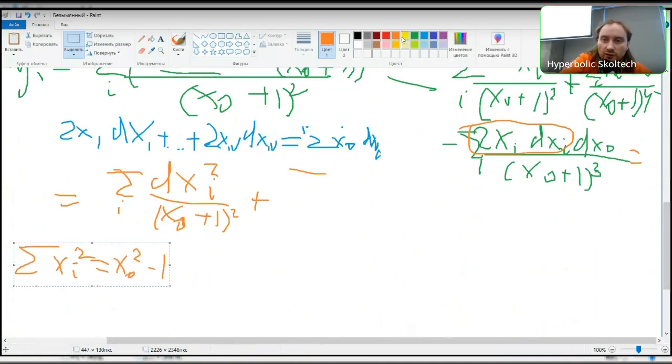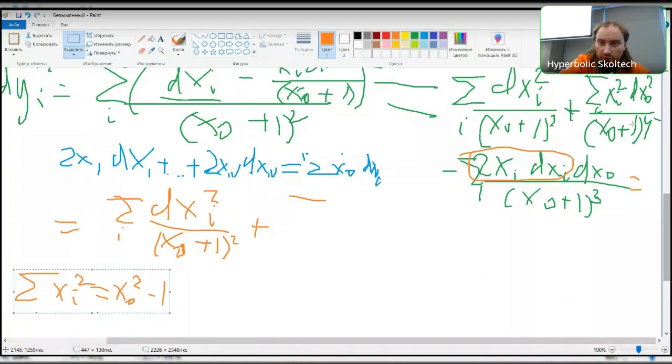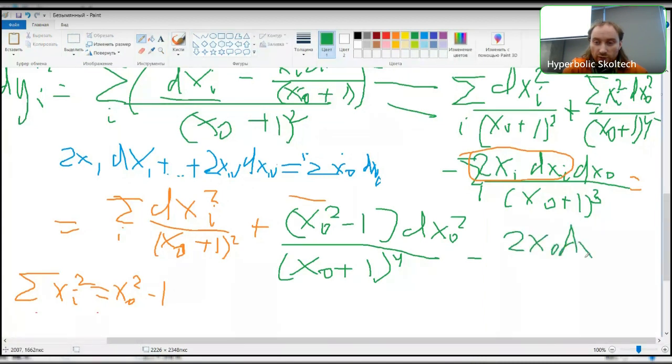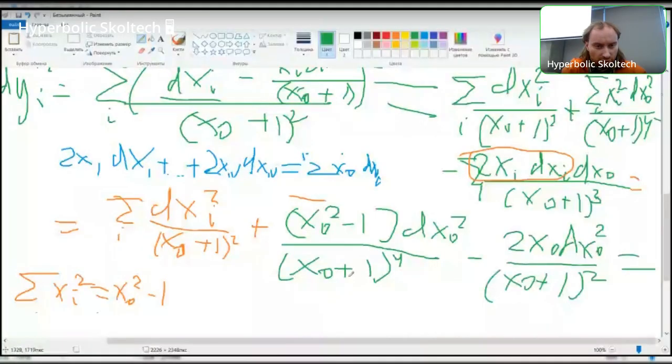So let's use it. So this is like x0 squared minus 1 dx0 squared over x0 plus 1 to the fourth power, and minus this expression, 2x0 dx0 squared divided by x0 plus 1 cubed.